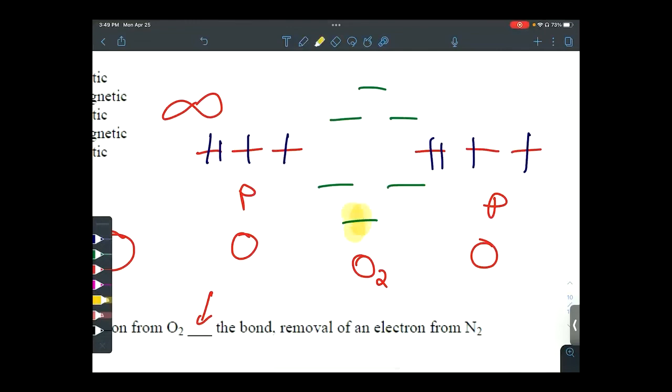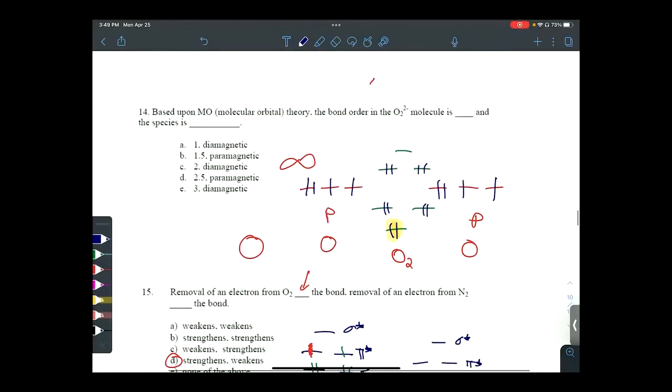So you have 1, 2, 3, 4, 5, 6, 7, 8. These are just the p electrons. I'm not showing the s electrons because those are filled and I like to ignore them. And then add 2 more for the 2 minus. So what's the bond order? I think it's 1 because there's 6 in bonding, 4 in antibonding, divided by 2, and it is diamagnetic, so it's A. I think that's the answer.